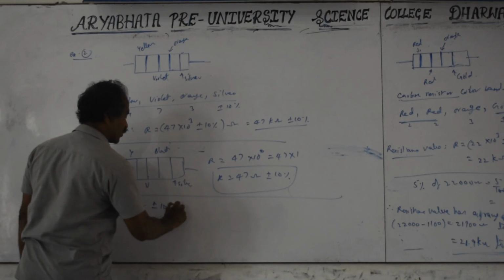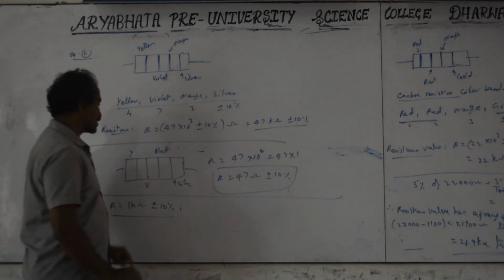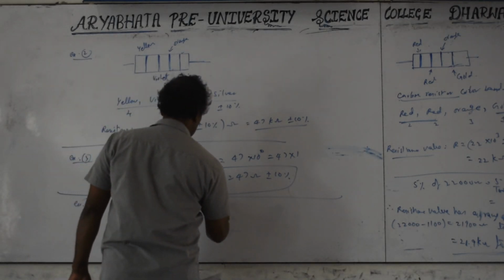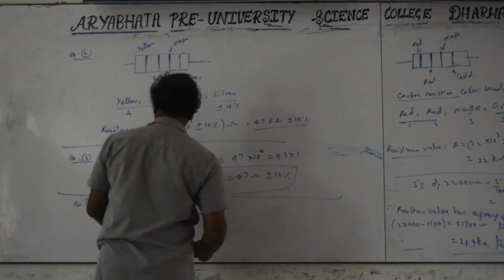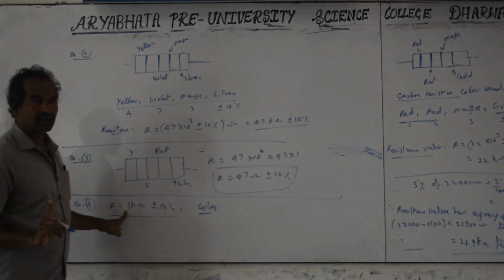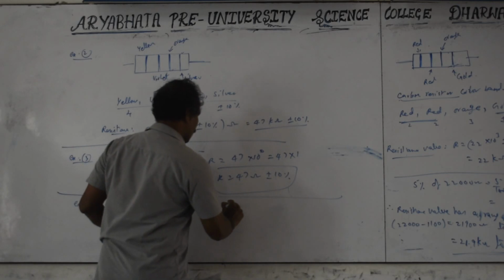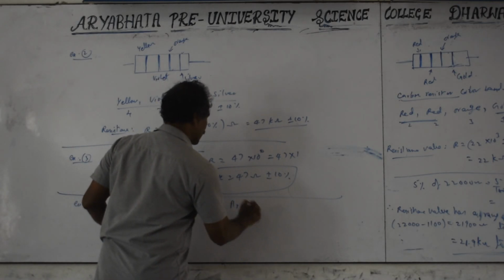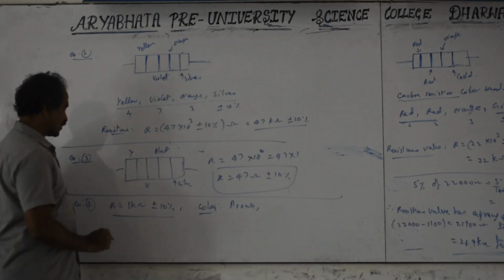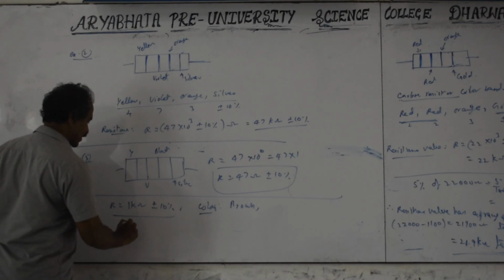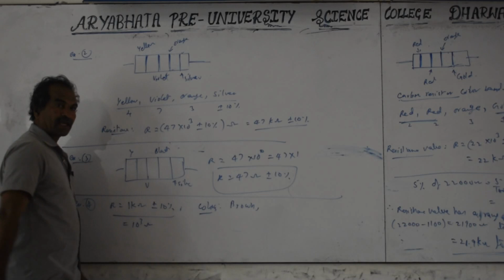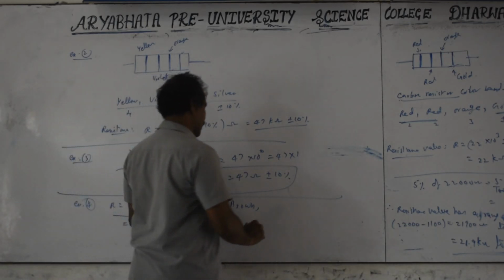So what is the color coding required? The colors required are color bands. One is brown. So what I take is brown. Next, 1 kilo ohm means 10 to the power of 3 ohms. So next is black.